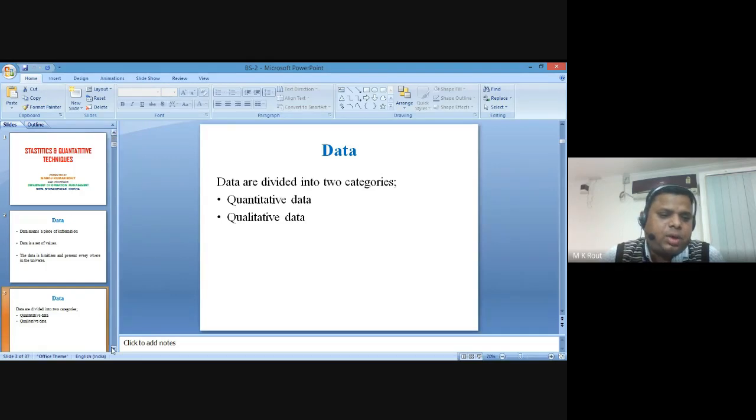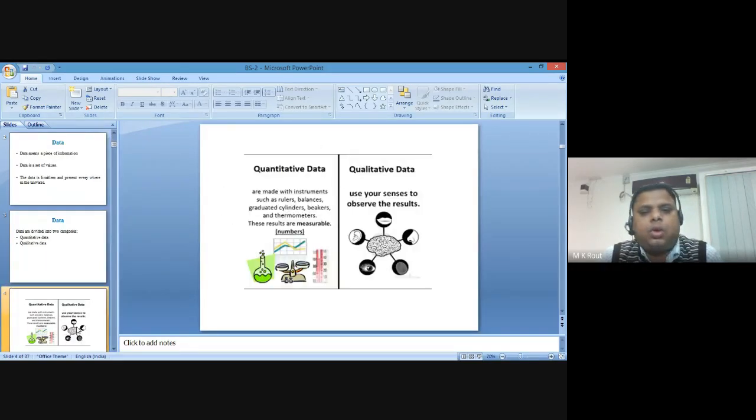In the case of quantitative data, these data are made with instruments such as rulers. Basically, steel rules are used for measuring the length and width of different objects. Then the next are balances, graduated cylinders, beakers, and thermometers. These results are measurable.